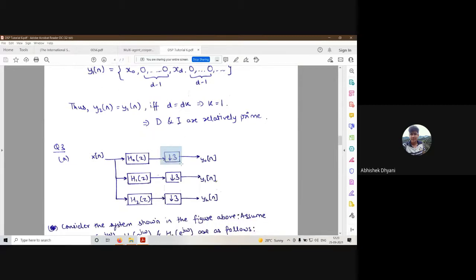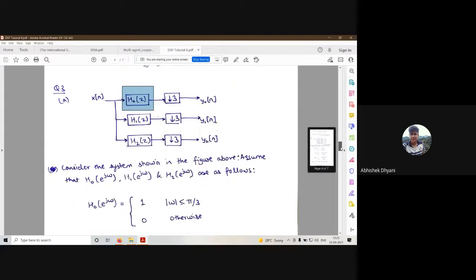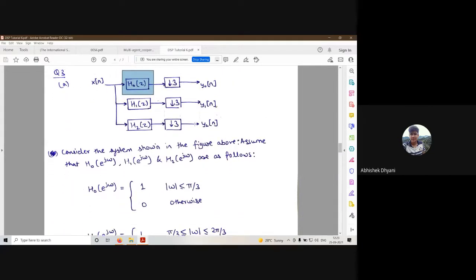The downsampling is by 3, and each filter has a bandwidth of pi by 3, so the frequency upper bound is less than this value. That is why there will be no aliasing.